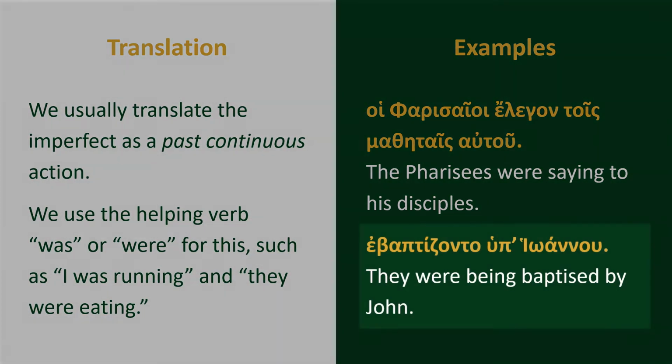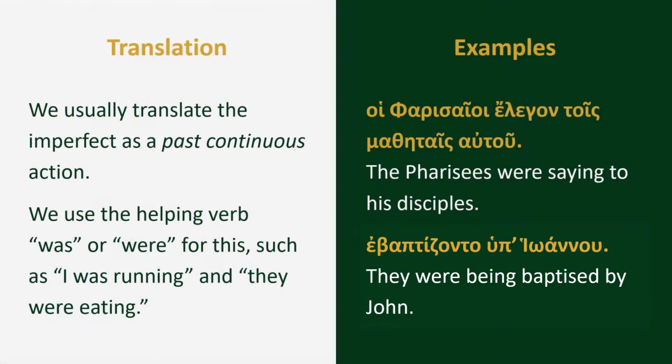Secondly, "ebaptizonto hypo Ioannou." They were being baptized by John. The imperfect verb ebaptizonto is describing a repeated or ongoing action in the past time. They were being baptized. Notice that in both cases we used the helping verb were to convey the idea of ongoing or continuous action in the past time.